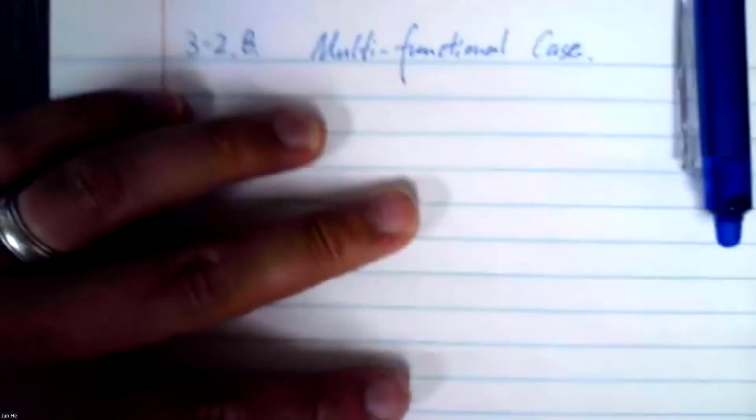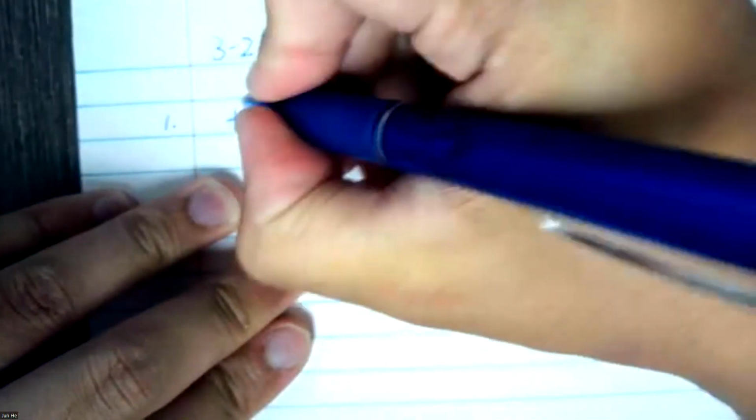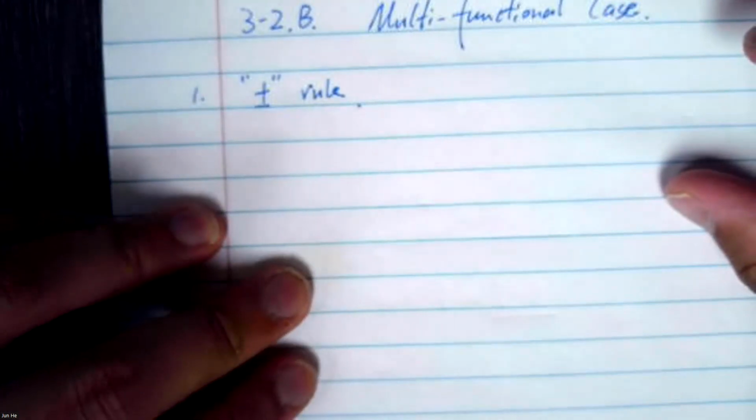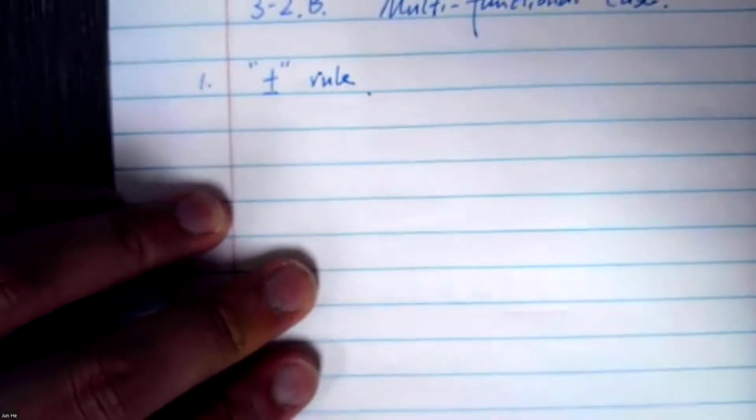Okay, so now let's look at one application of it by looking at my document camera. The first is the plus or minus rule. That's what I call it. Okay, plus minus rule, easy to remember.